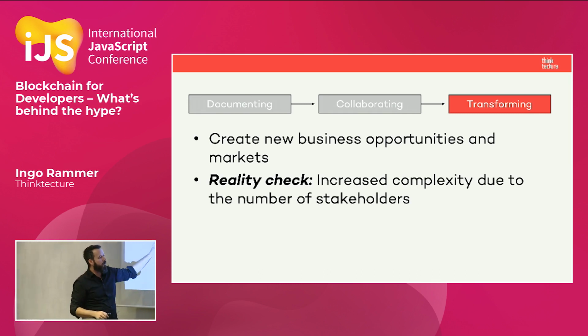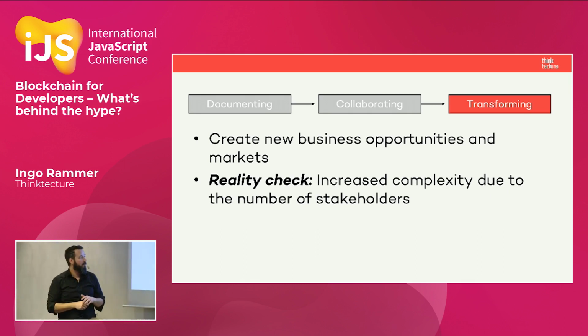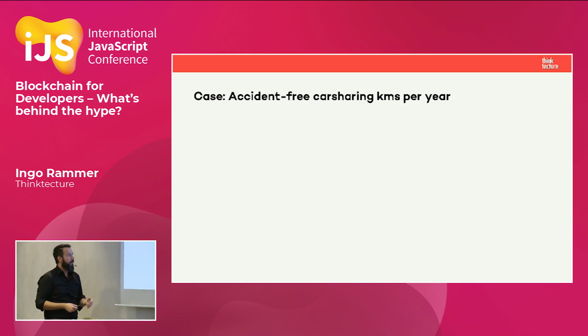Because now you have to talk with multiple people and multiple corporations, and you have to find an agreement. And usually the multiple corporations are competitors because you want to create additional value so that the sum of the competitors' individual processes is lower than what you achieve with them sharing data on. It might be a blockchain, it might be some other way to share data, but the idea is we're getting competing companies to share data so that they can create new markets.